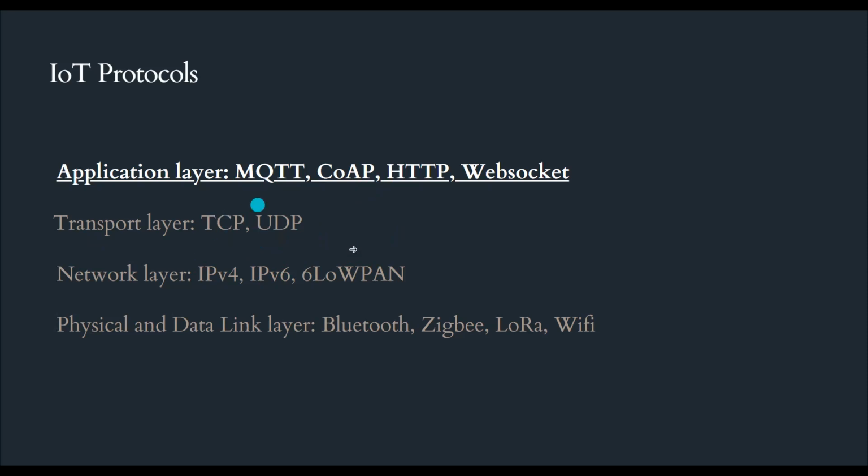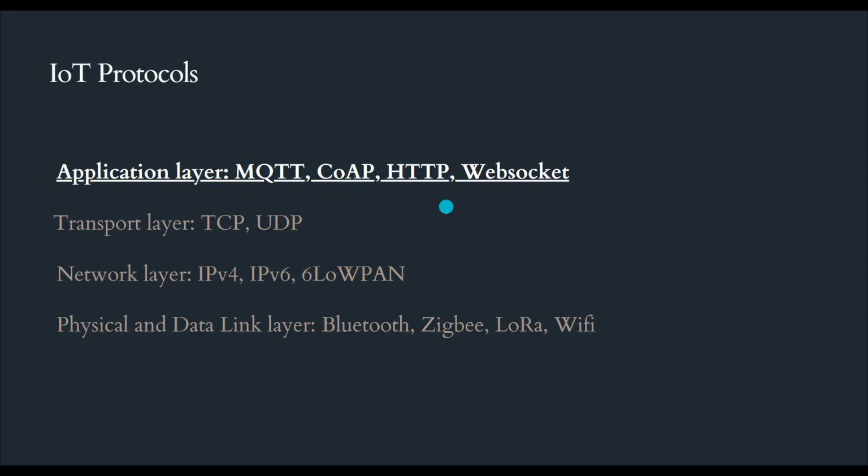Here, we'll be continuing our discussion about the protocols in IoT networks, and we will move ahead from MQTT to study the other protocols that are widely used in IoT networks.